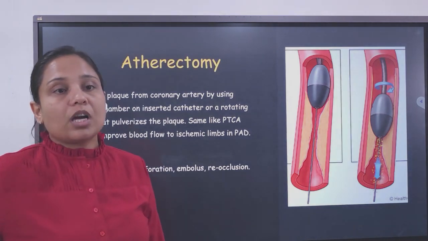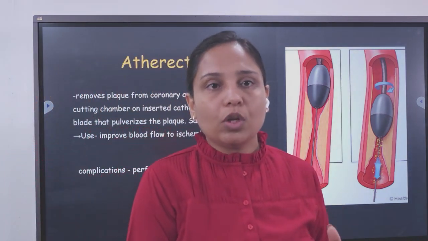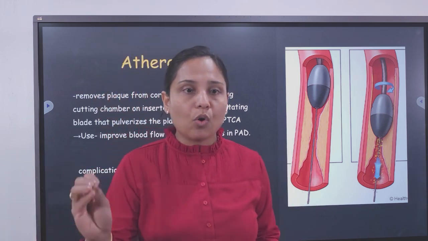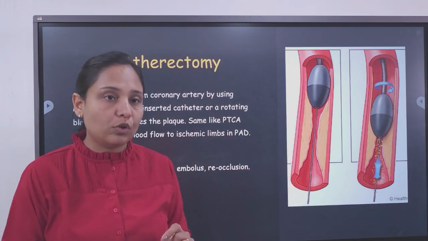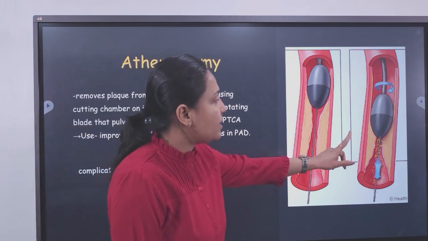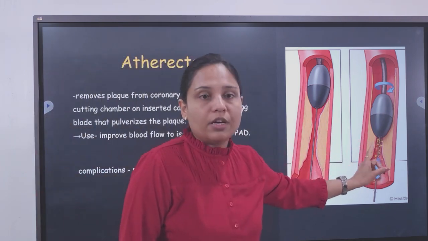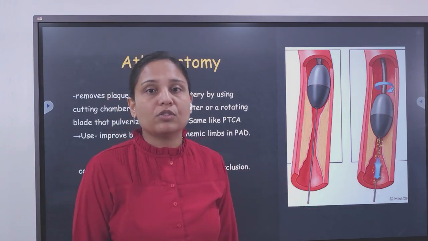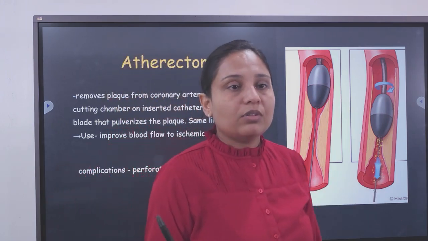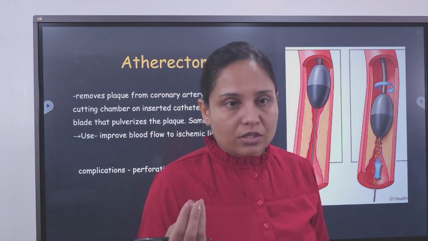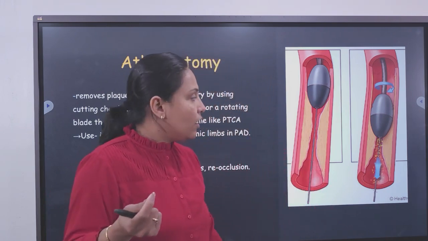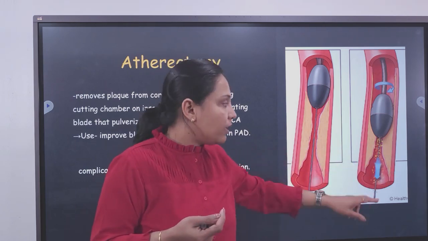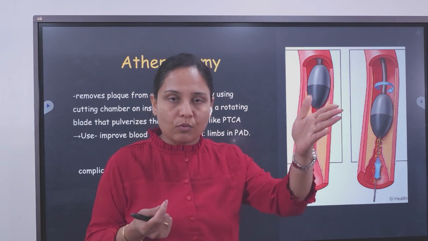Okay. Next is atherectomy. This is another tool that we can use, but it's the same procedure as cardiac catheterization. You are going to go in, but you are going to use a different kind of tool. And you can see here how this tool is going to remove the atherosclerotic plaque formation. So this is called atherectomy. Now there are only a few complications, two main ones. When you are removing this atherosclerotic plaque formation, what can happen? The small plaques can move forward, right?